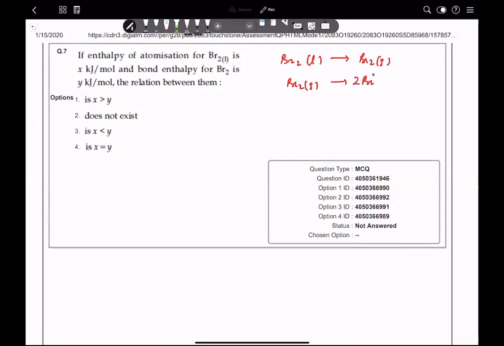The first step is the enthalpy of vaporization, and the second is the enthalpy of bond dissociation.